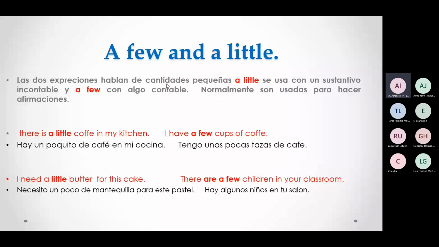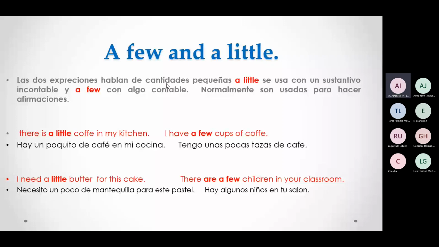A little se usa con un sustantivo incontable. A little is used with uncountable nouns, and a few is used with countable nouns, okay? And most of the time they are used in affirmative sentences, normalmente en oraciones afirmativas, like these examples that we have here.